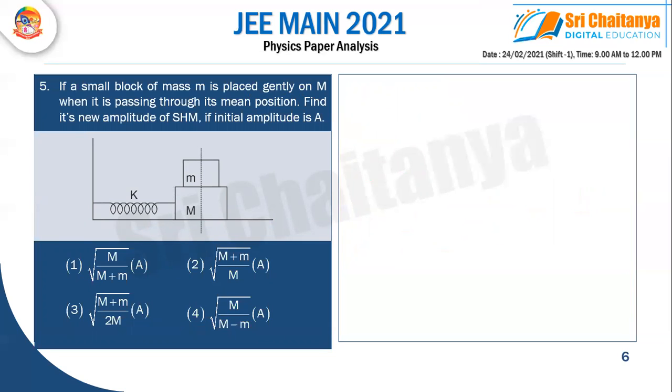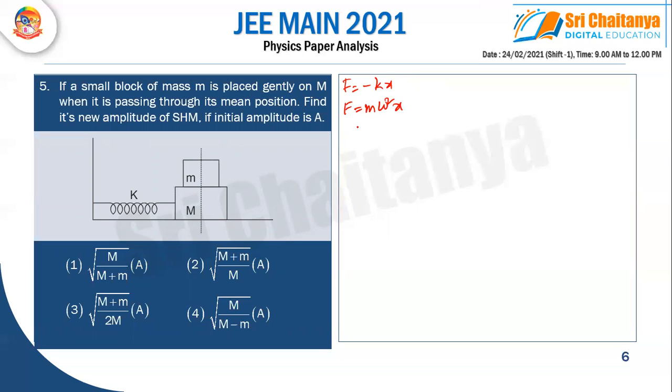And if a small block of mass m is placed gently on capital M, when it is passing through its mean position, find the new amplitude of simple harmonic motion if the initial amplitude is A. Now, from spring force, F is equal to minus Kx, and we have the centripetal force, F is equal to m omega square x.